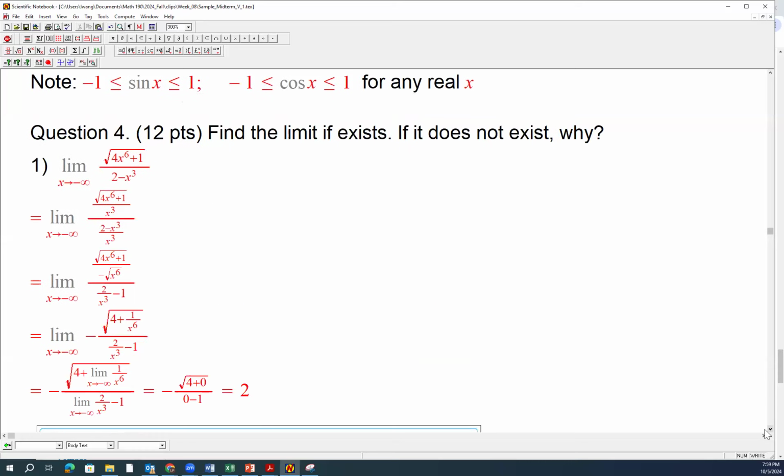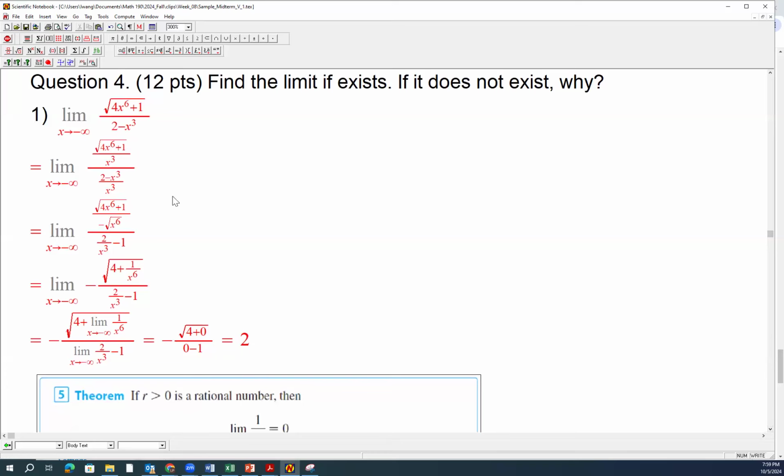So let's look at number 4. Number 4 is about limits again. There are 3 questions here. Let's look at the first one. The first one was actually covered in one of my recorded lessons for that week. It's titled limit at infinity.